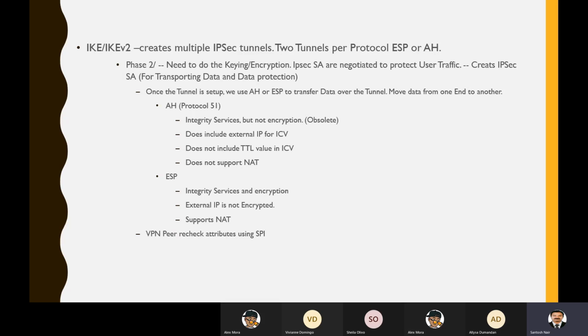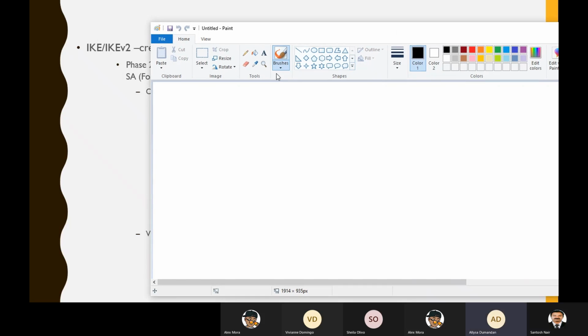So what do you mean by external IP and internal IP? Whenever the VPN tunnel is being formed, the data will be using a different IP address, right? Suppose we have this VPN peer and this is another VPN peer.